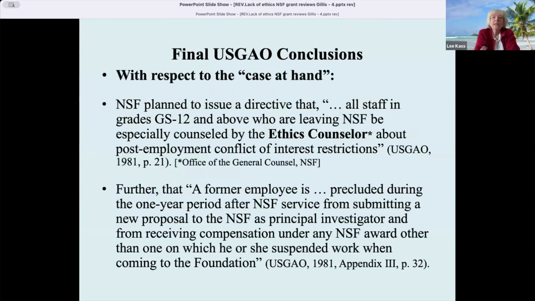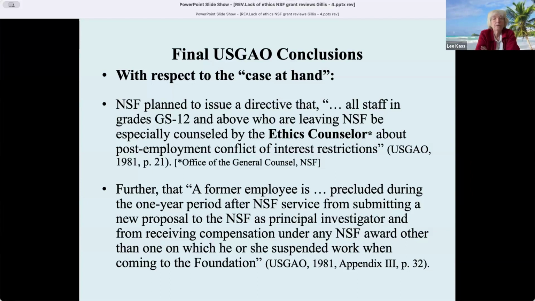With respect to the case at hand, meaning the issue with the constituent, the National Science Foundation planned to issue a directive that all staff in grades GS 12 and above who are leaving the National Science Foundation be especially counseled by the ethics counselor in the Office of the General Counsel at NSF about post-employment conflicts of interest restrictions.